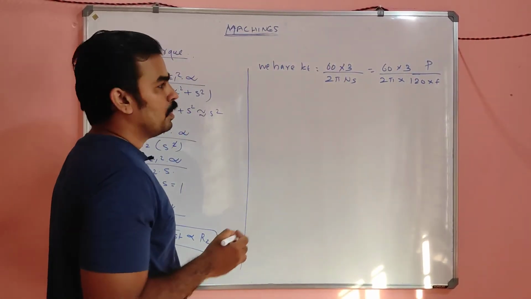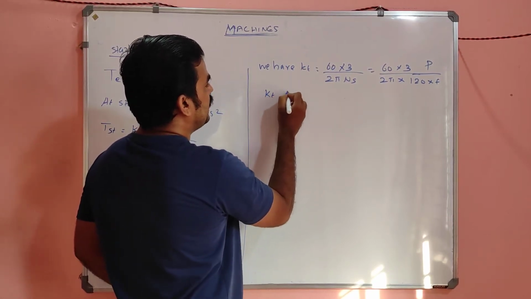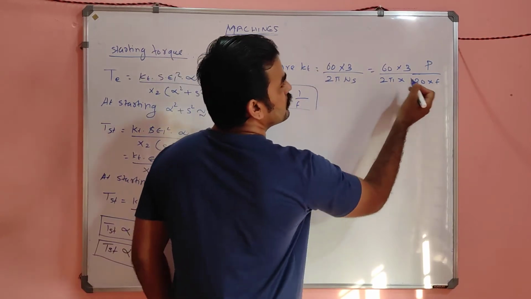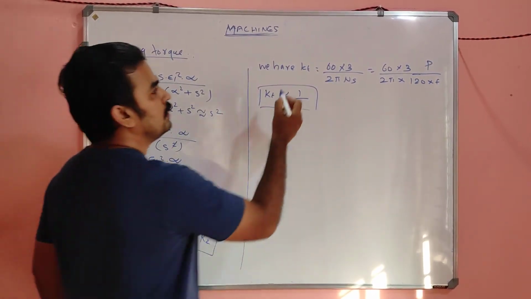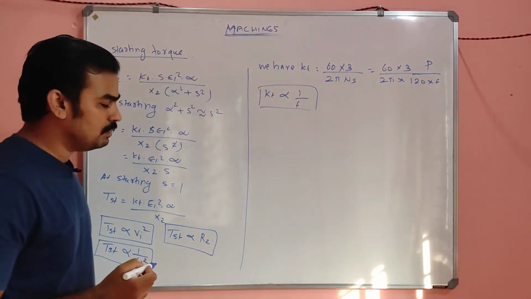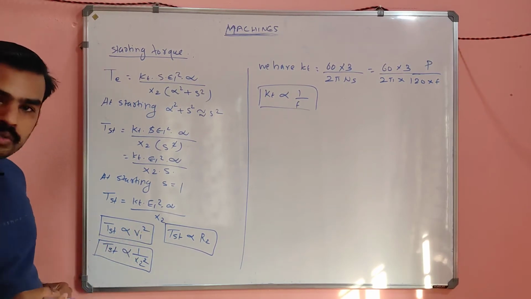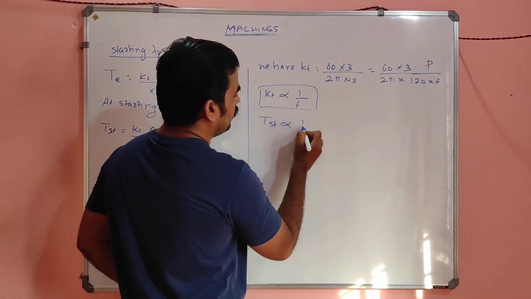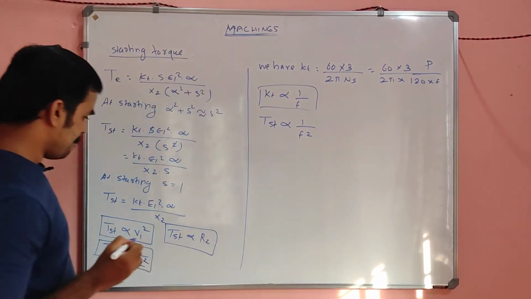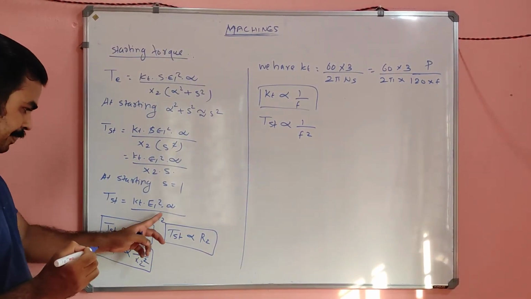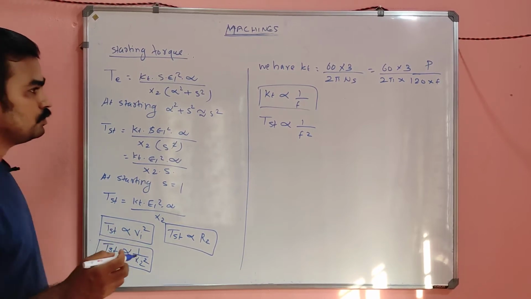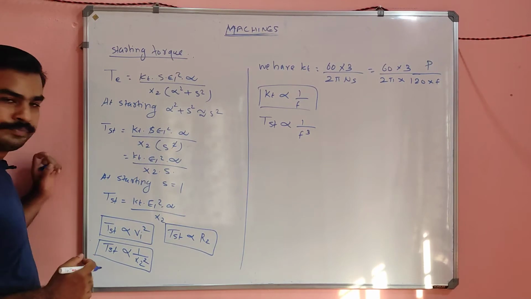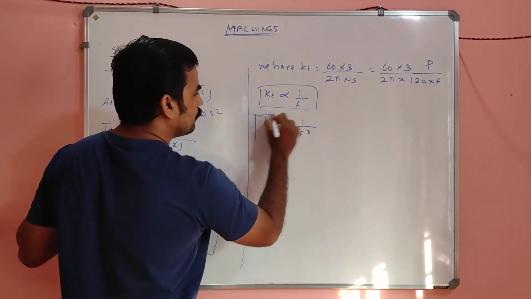So KT is inversely proportional to f. And X2 is also in the denominator, so T start goes as 1 by f square into X2, so f cube.